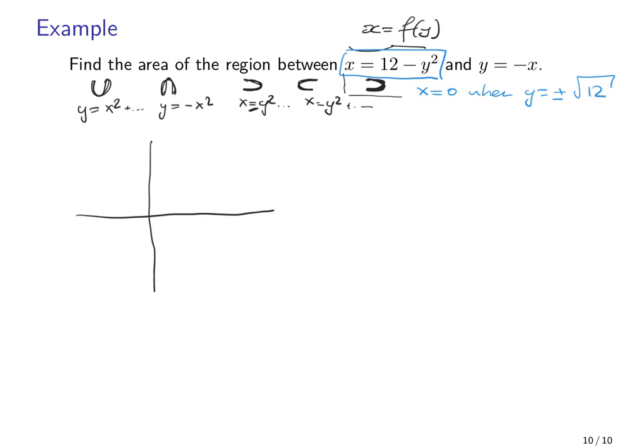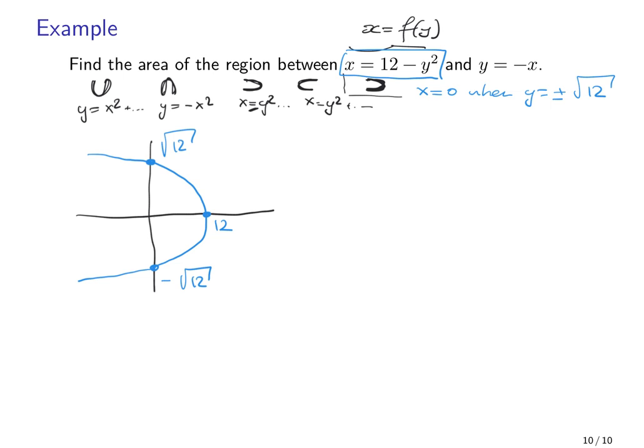So this parabola will pass through the y-axis at points with y-coordinates square root 12, negative square root 12, and will look something like this. And if you want, you can also find the x-coordinate of this point. That will just give you the value 12.